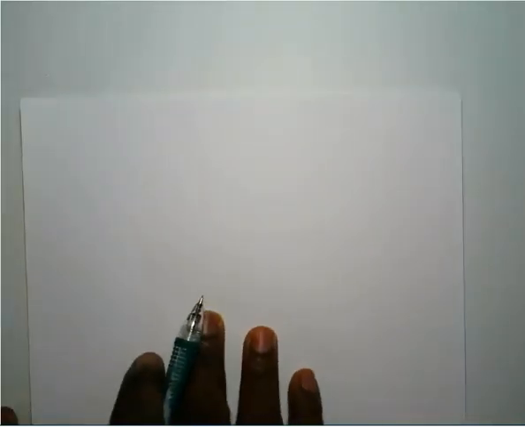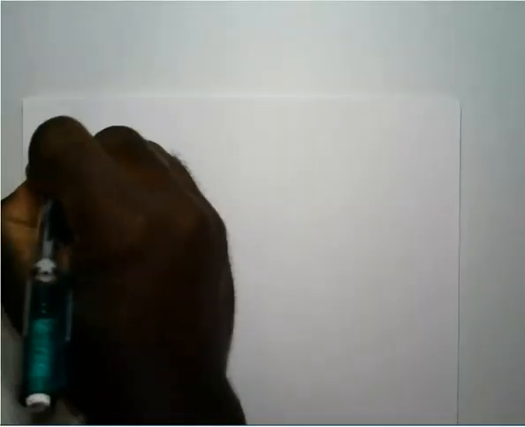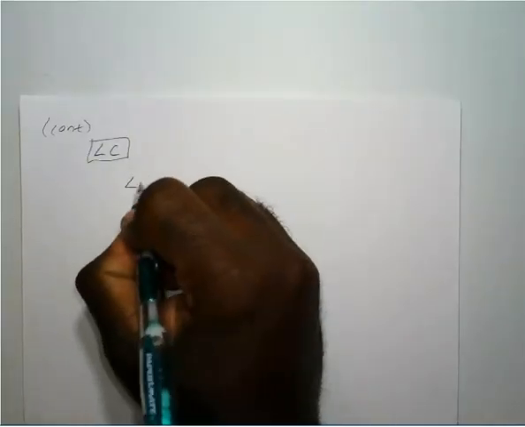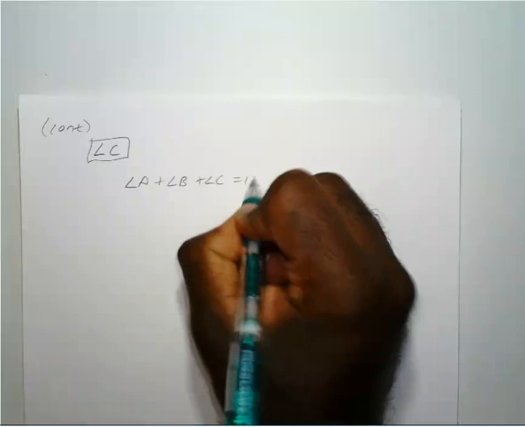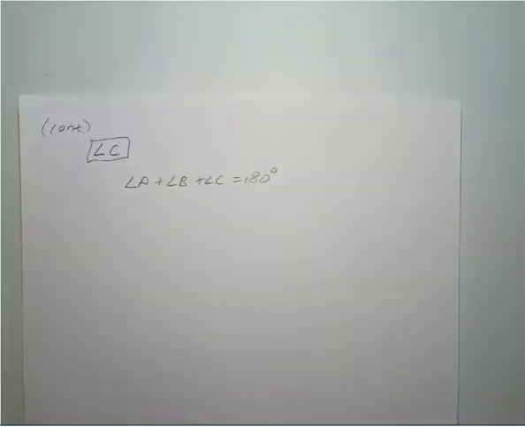There we go. Okay. So for angle C, again, we know that angle A plus angle B plus angle C is 180 degrees.